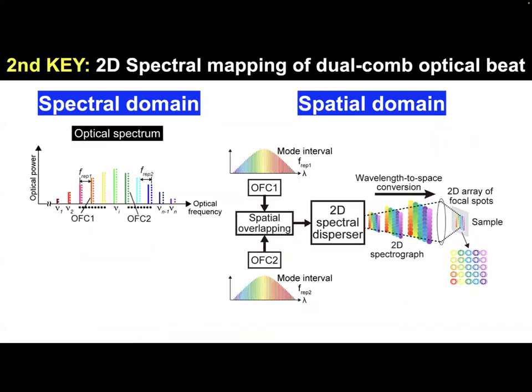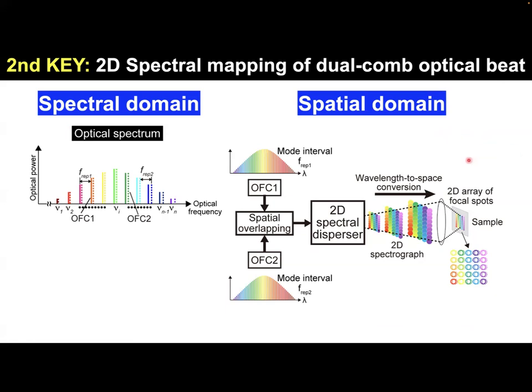So the second key is the 2D spectral mapping of dual-comb optical beat. This slide shows the behavior of the spectral domain and the spatial domain when a pair of OFCs is fed into the 2D spectral disperser.